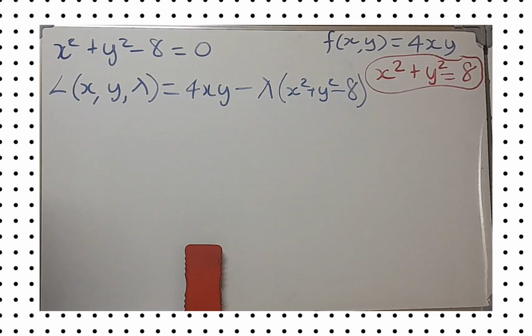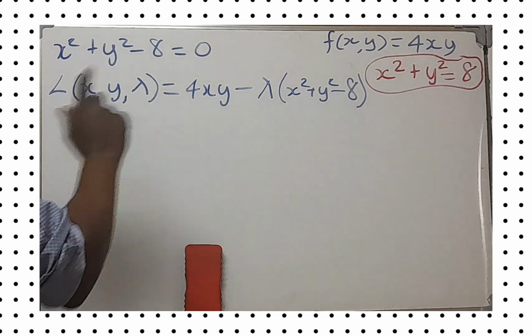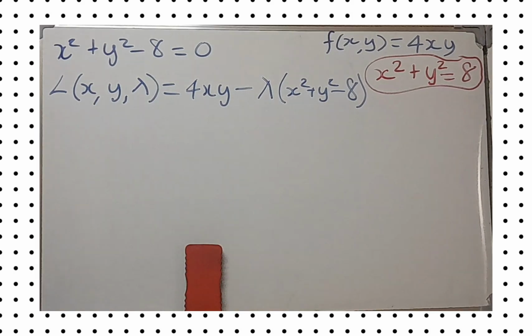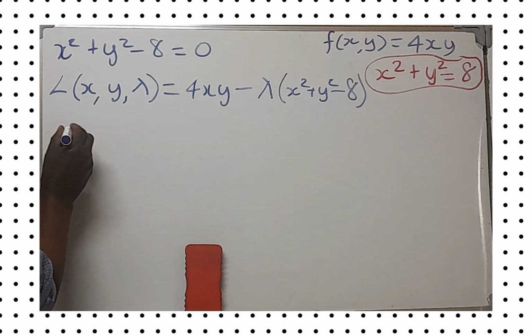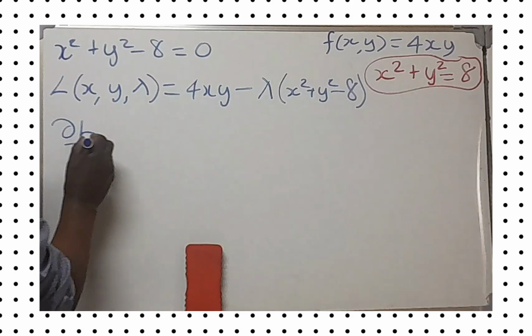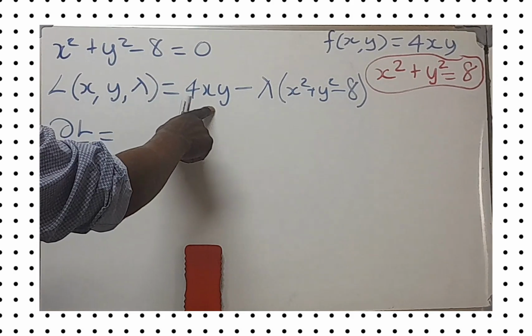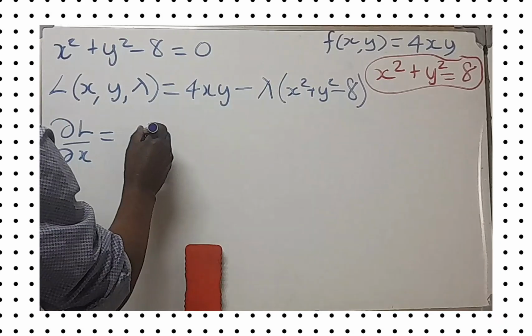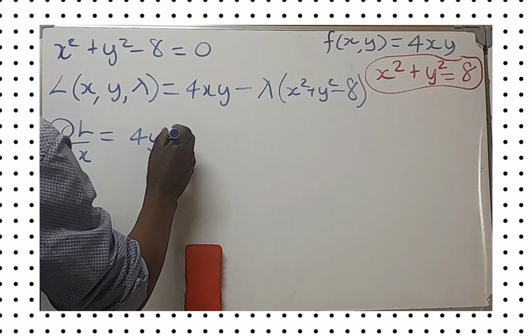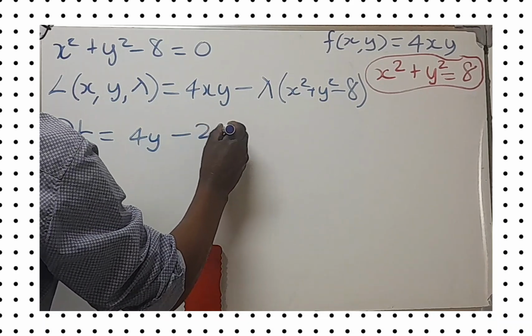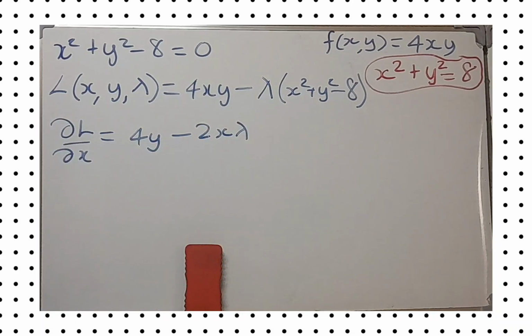Our second step is to find the stationary points of the Lagrangian. Obviously, there's going to be some differentiation here. So let's differentiate first of all with respect to x. So we will have partial L, partial x is equal to, here it gives us a 4y, minus here it gives us a 2x multiplied by lambda.